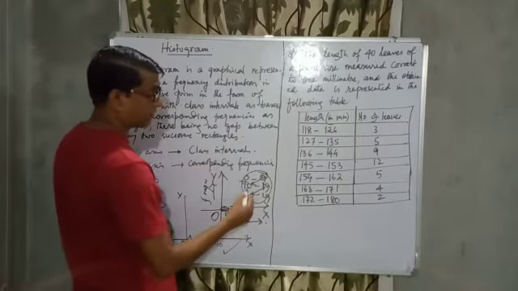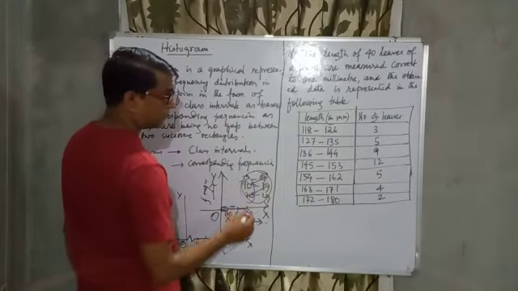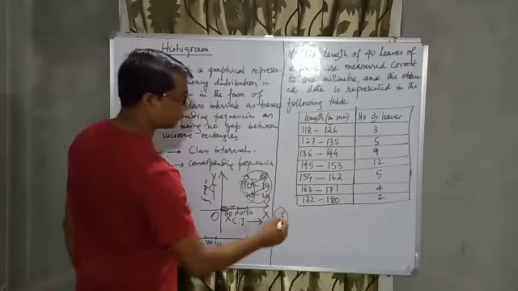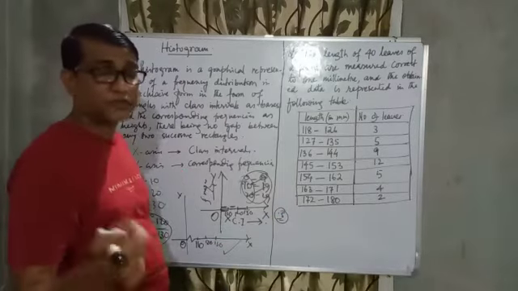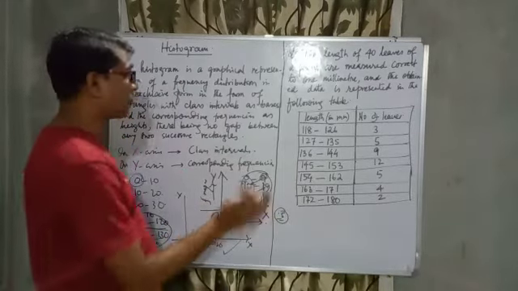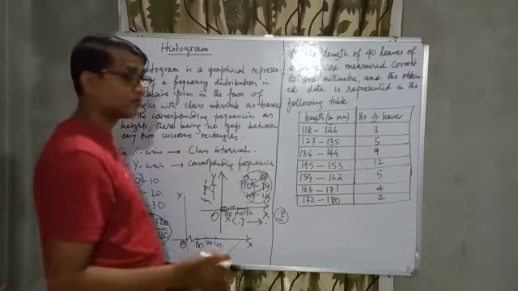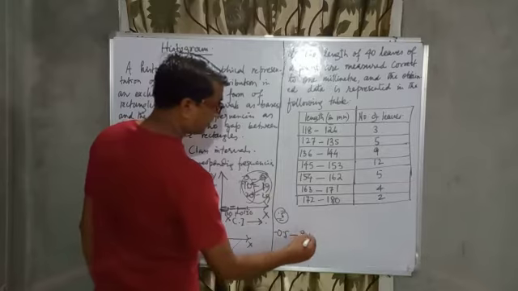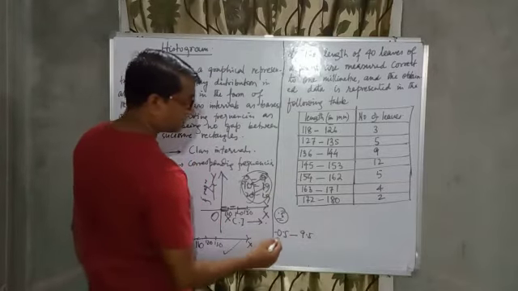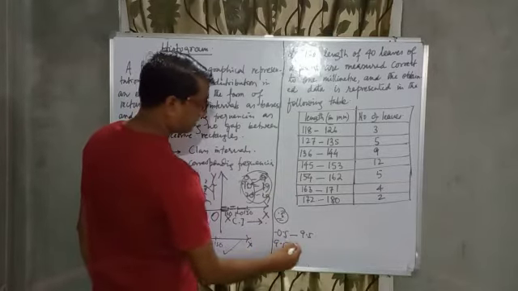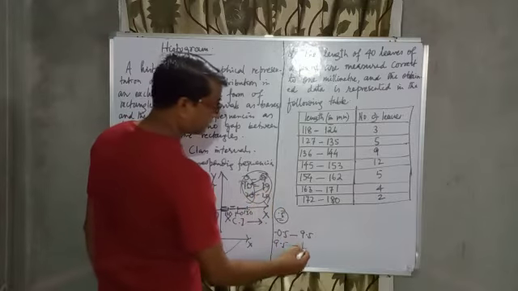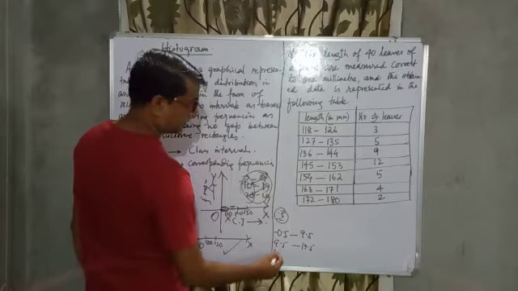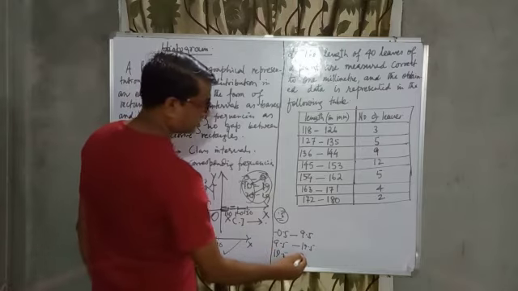How to make it continuous? From the lower limit we subtract 0.5 and to the upper limit we add 0.5. That gives minus 0.5 to 9.5. 10 minus 0.5 is 9.5, and 19 plus 0.5 is 19.5. 20 minus 0.5 is 19.5, and this is 29.5.